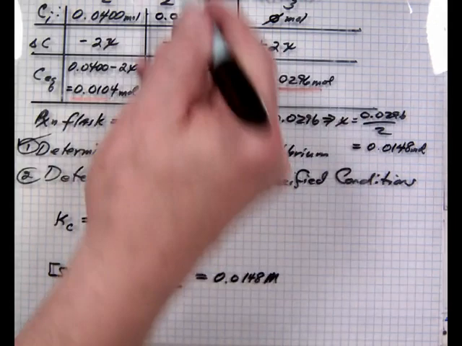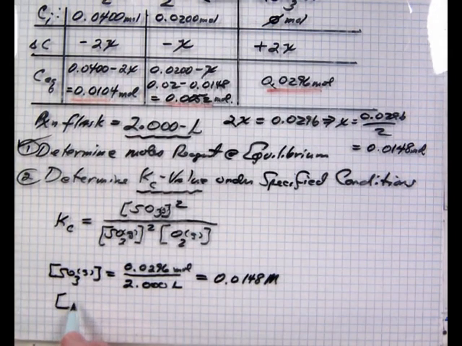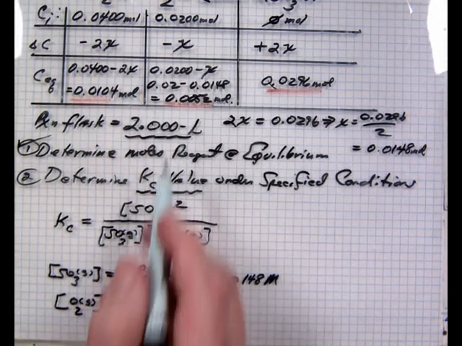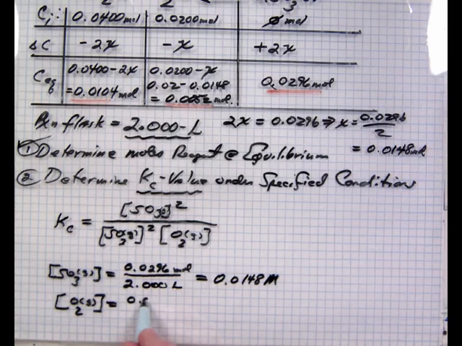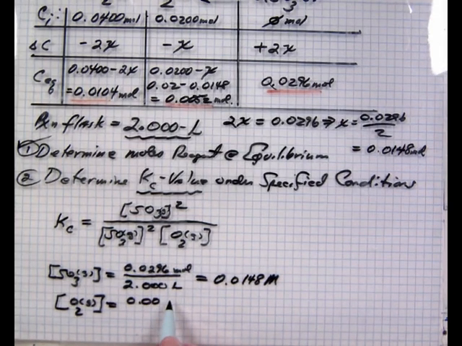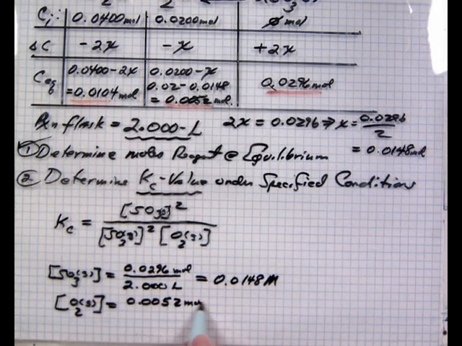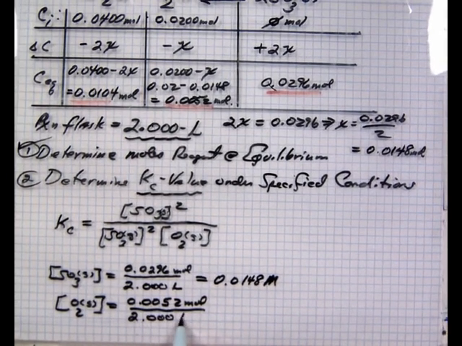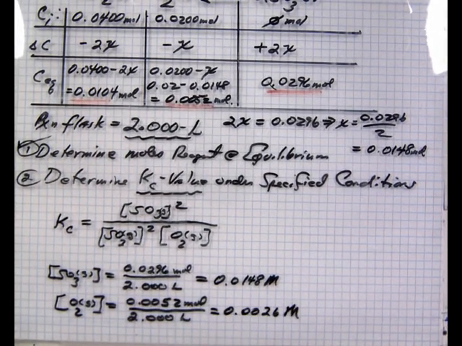We'll just work our way backwards. Oxygen now is equal to 0.0052 mole in the same 2-liter flask, 0.0026 molar.